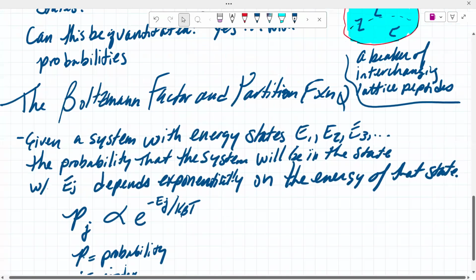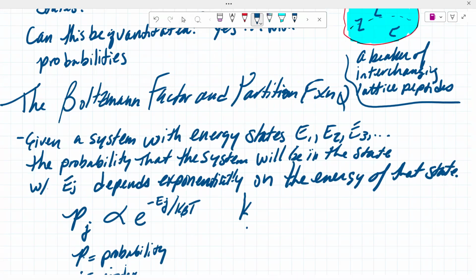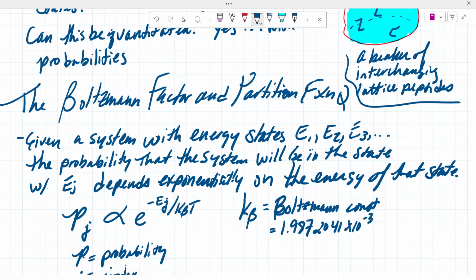Okay, now we also have this kB, the lowercase k, and then it's kB like so. This is the Boltzmann constant, and it's equal to 1.9872041 times 10 to the minus 3 kcal per mole Kelvin.